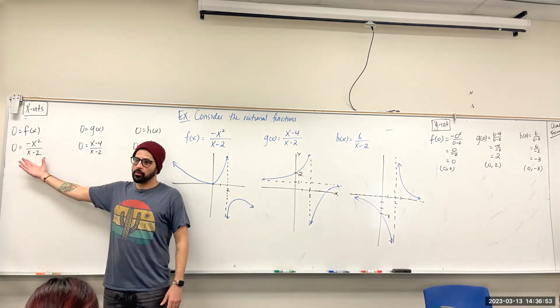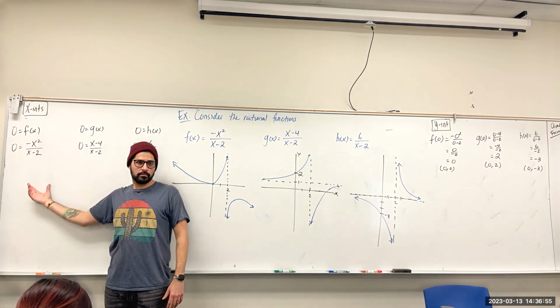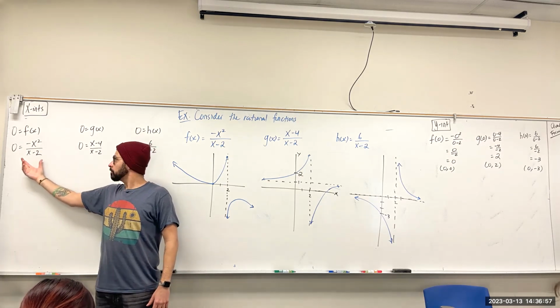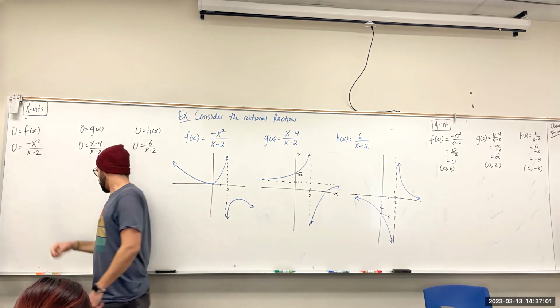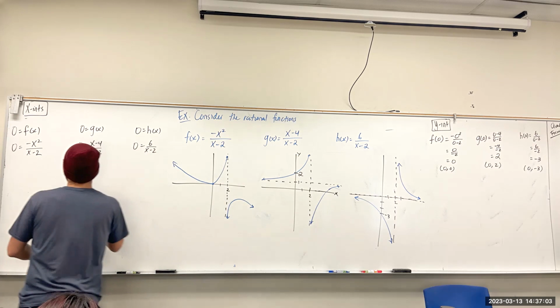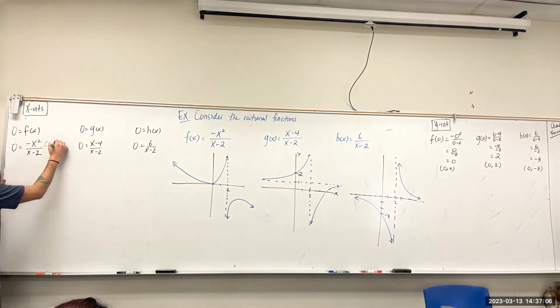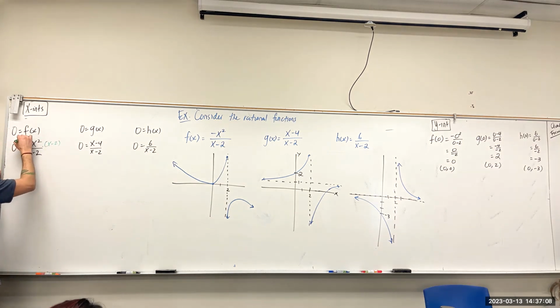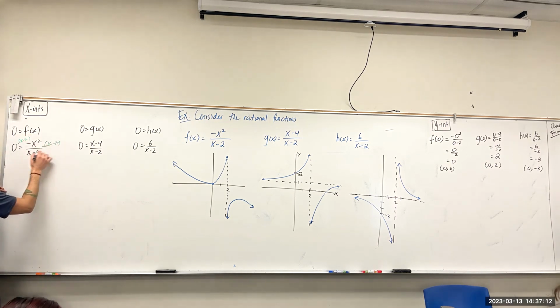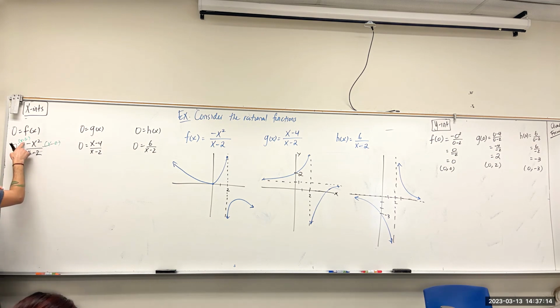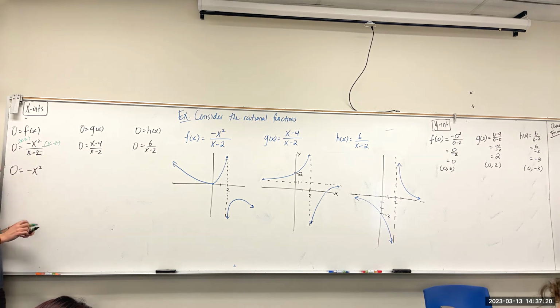When did you guys start solving it? What was your first algebra step? Multiply both sides by what? X minus 2. All right, nice. Multiply both sides by x minus 2. It'll cancel off here, and then you end up with this times 0 is still 0. Now you just end up with that. How do we get rid of that negative?